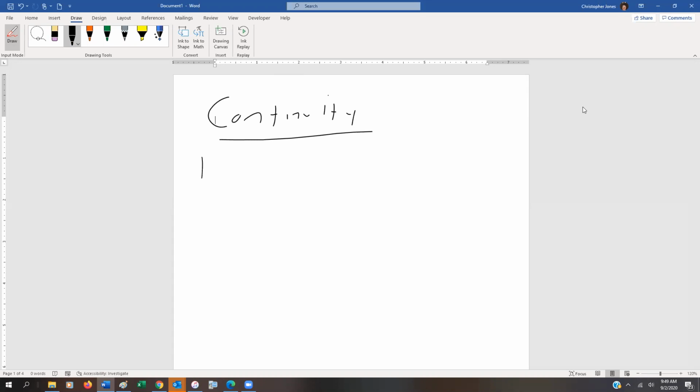Okay, so in other words, if we have the limit as x approaches a from the right of f of x, if that equals f at a, then it means that it's continuous from the right.